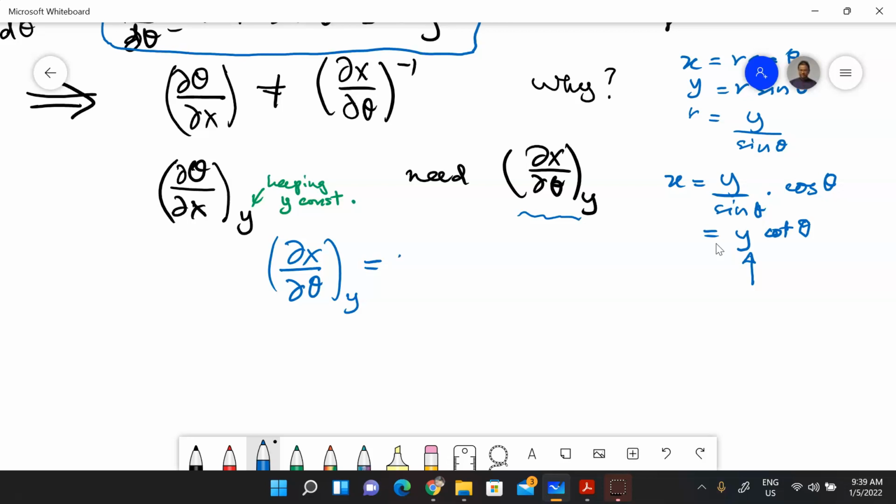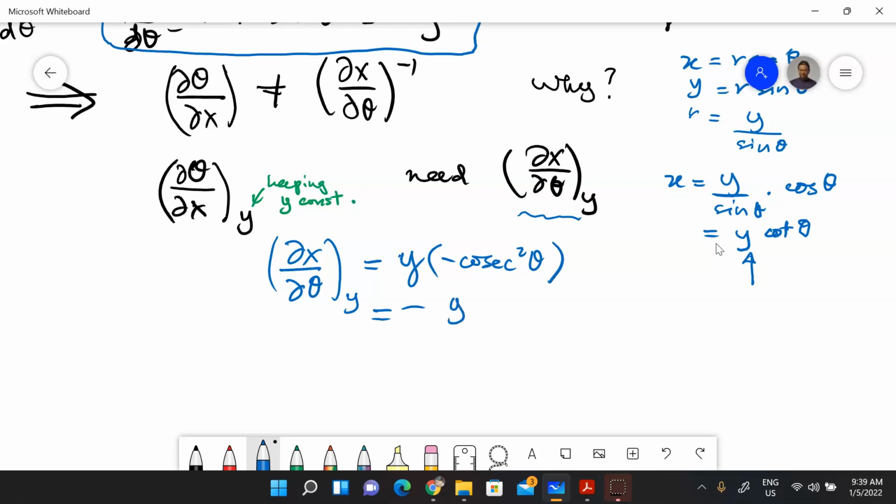Well, if you do not know, you have to go back to first principles and find out, but I'm just going to write it down. This is going to be minus cosecant squared theta. And what is cosecant squared?